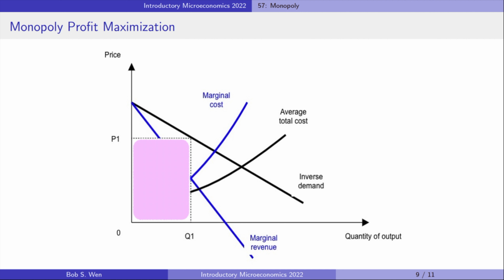The total revenue is price P1 times quantity Q1, which corresponds to the shaded rectangle area. The total cost is the average total cost times quantity, which corresponds to the smaller shaded rectangle. The difference between them is the monopoly profit. The monopoly firm here makes a positive profit.